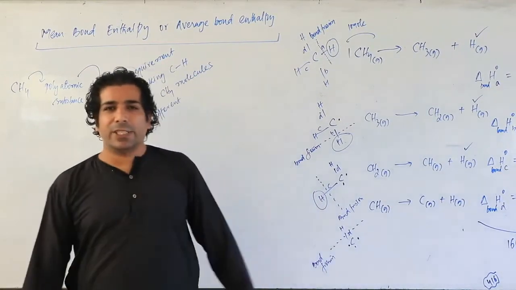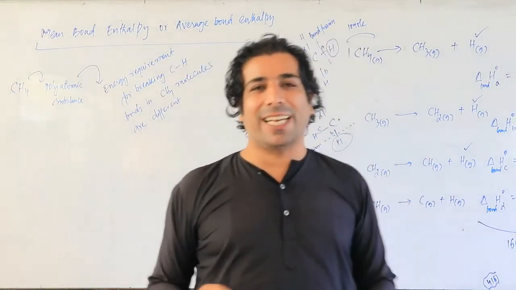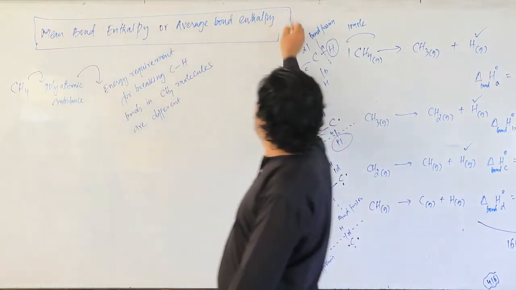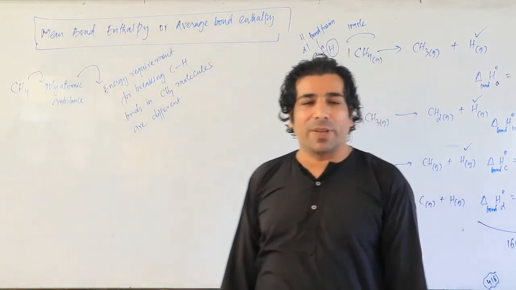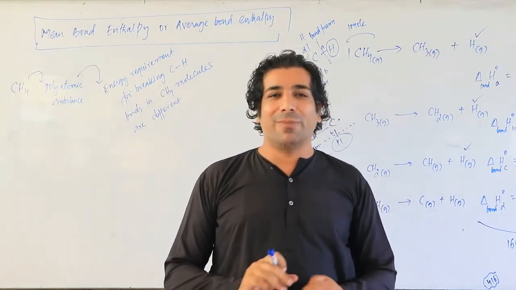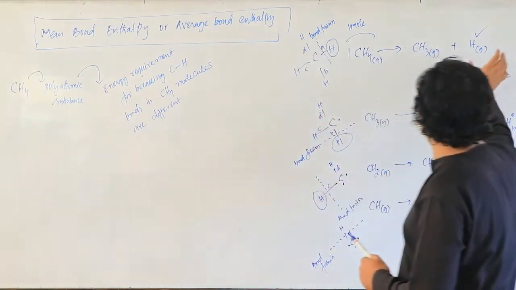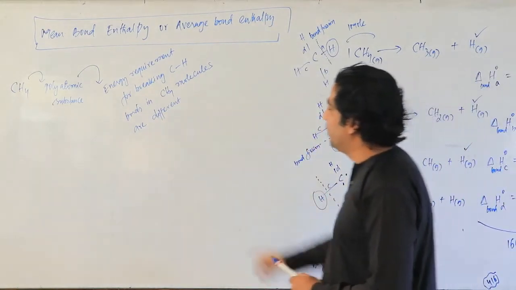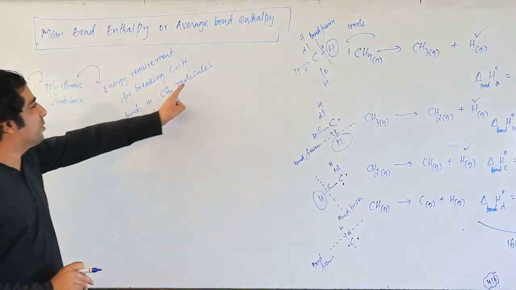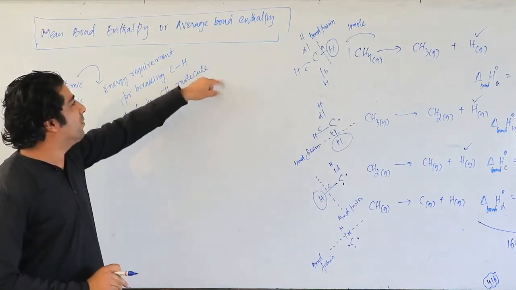So every C-H bond has a different value of bond dissociation enthalpy. But now I have come with the concept of mean bond enthalpy or average bond enthalpy. Let me calculate an average bond enthalpy value for the C-H bond. You know that the energy requirements for breaking C-H bonds in CH4 molecules are different.